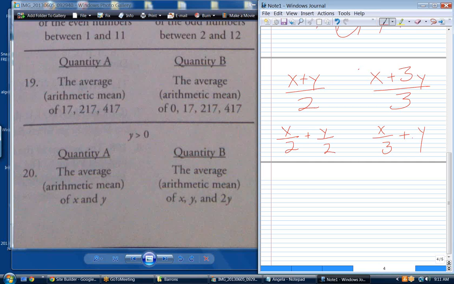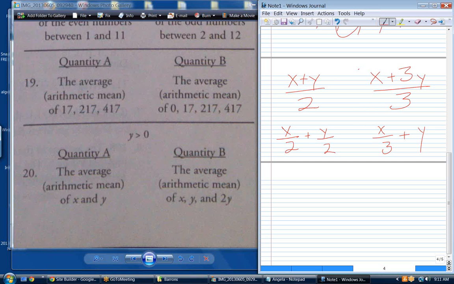Let's try some numbers. Let's see if it's apparent to me which is bigger. This part is bigger than y over 2, but x over 3, we don't know whether it's bigger than x over 2 or not, since x could be positive or negative. So I'm inclined to say we can't tell.